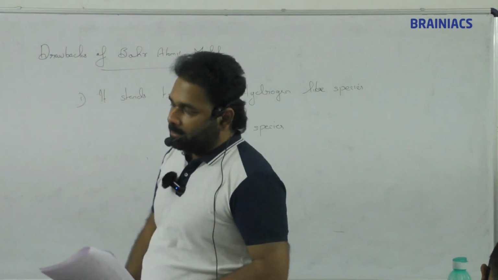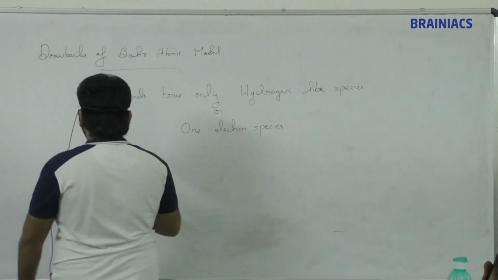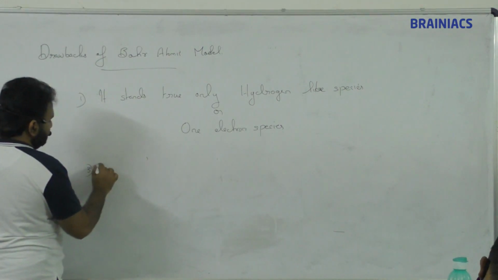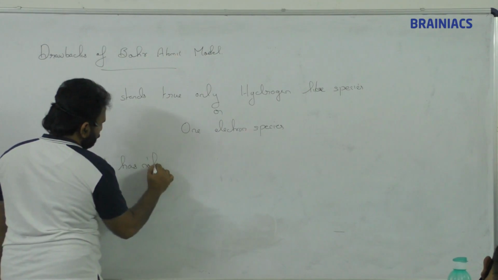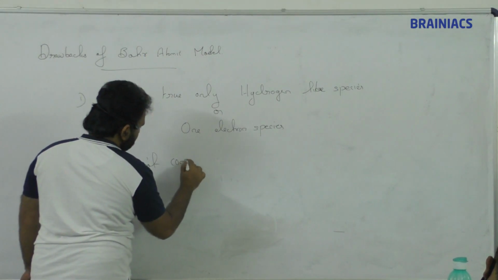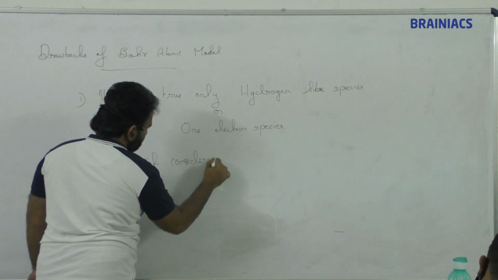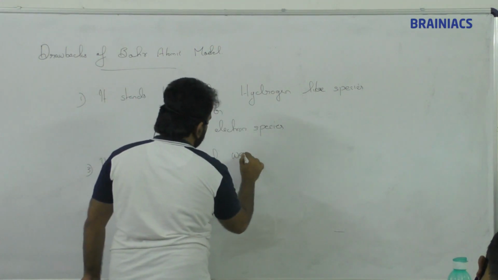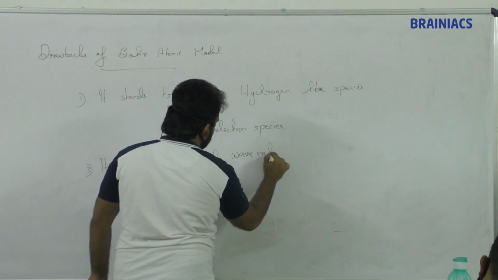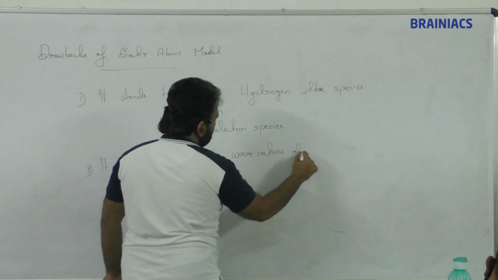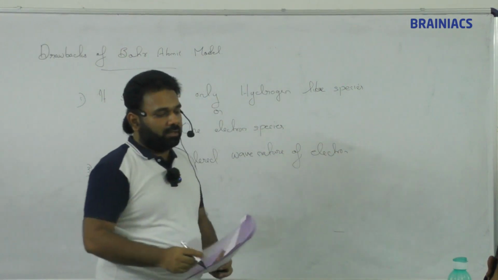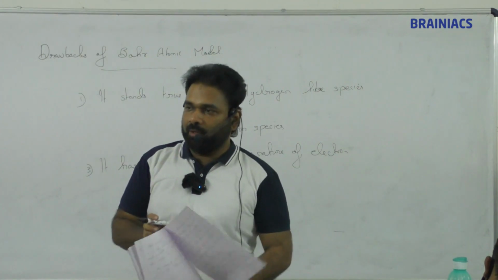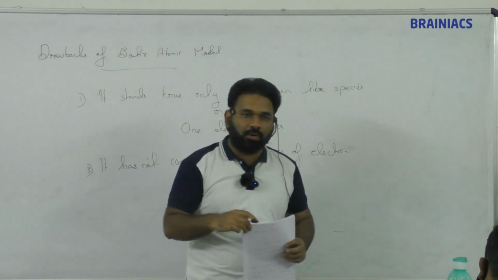Then, it has not considered the wave nature of the electron. Just like interference and diffraction, all these are wave nature, which is not discussed.